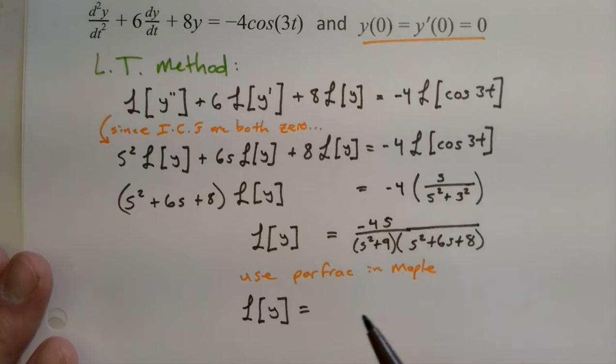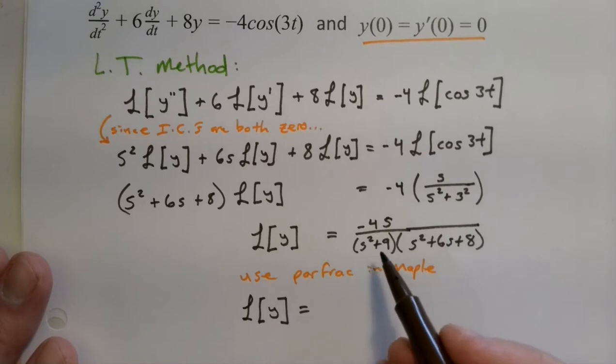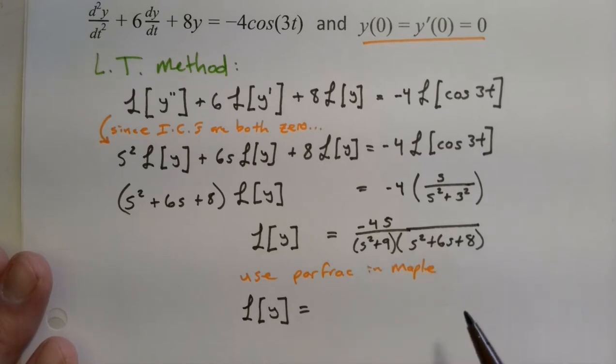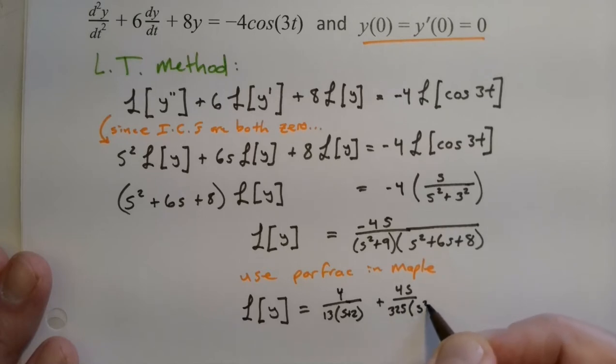But you'll wind up with, actually, it turns into 1, 2, 3, 4 fractions because we have 2 quadratics down in the bottom. And so the first one is 4 over 13 times s plus 2. The next one is plus 4s over 325 times s squared plus 9.